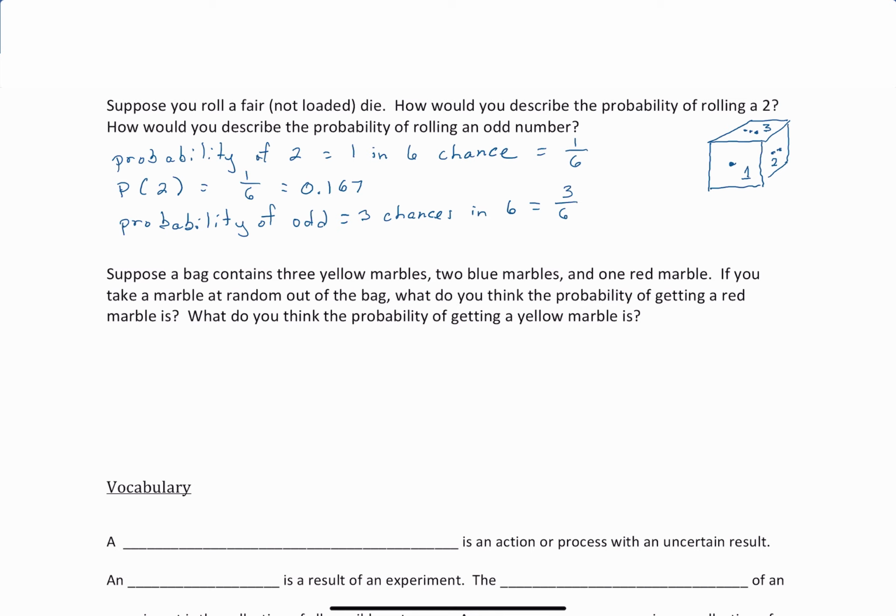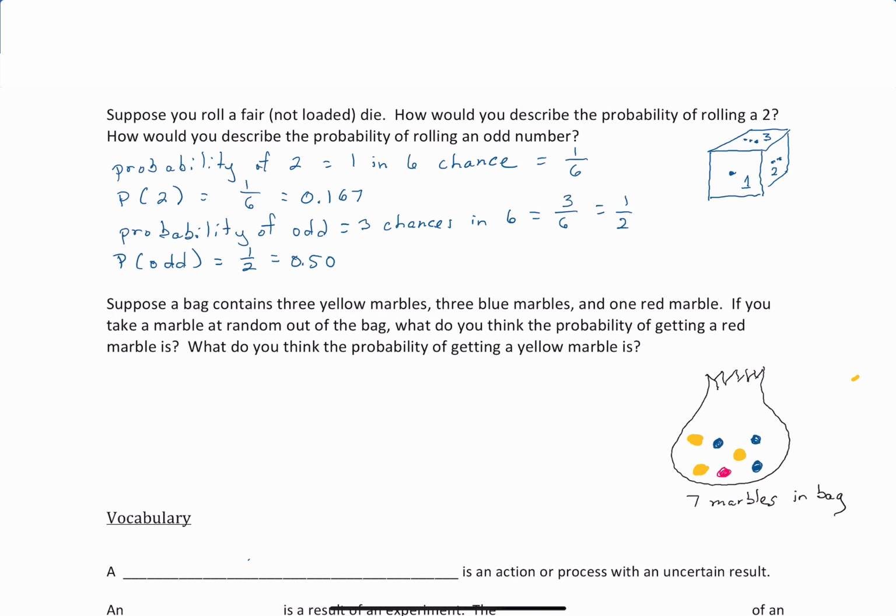Another way to look at that is to say, well, half of the numbers are odd, so I have a 50-50 chance of getting an odd number. In other words, I have a 1/2 probability of getting an odd number. And you can think about this either way because 3/6 is the same as 1/2. In fact, I would typically simplify 3/6 to 1/2 anyway. So we can write out that the probability of getting an odd number is 1/2, or if you prefer decimals, 0.50.